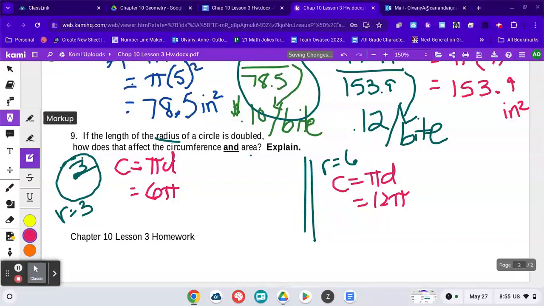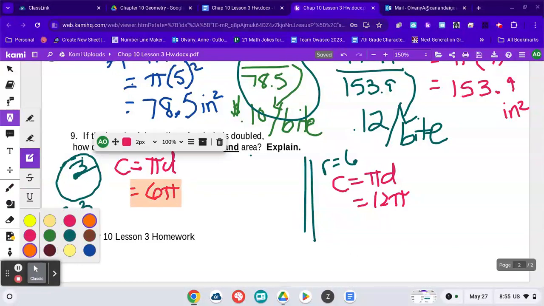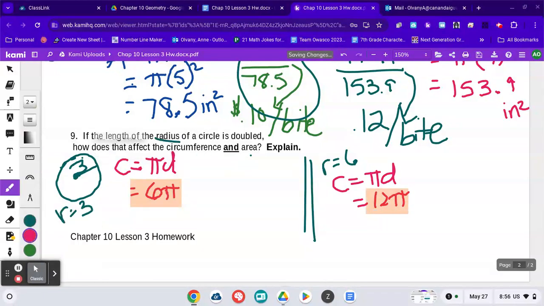So take a close look at this. Notice I didn't multiply it out. I could have. But if I leave it in terms of pi, I know they're both going to get multiplied by a pi. So what happened to the whole number, the coefficient there? It doubled.